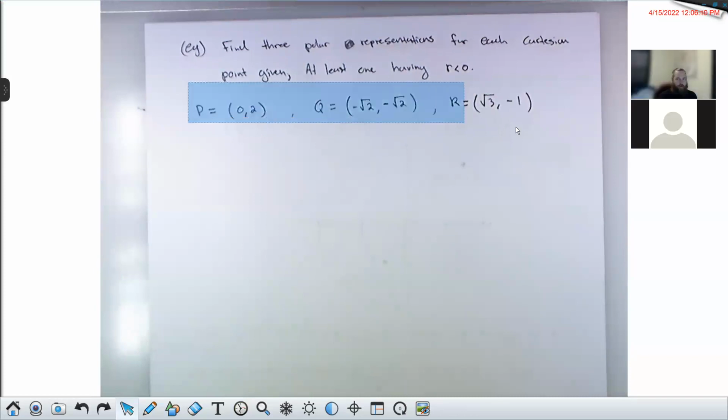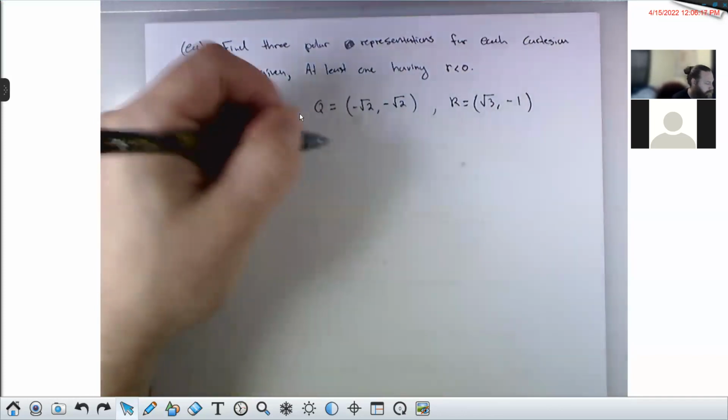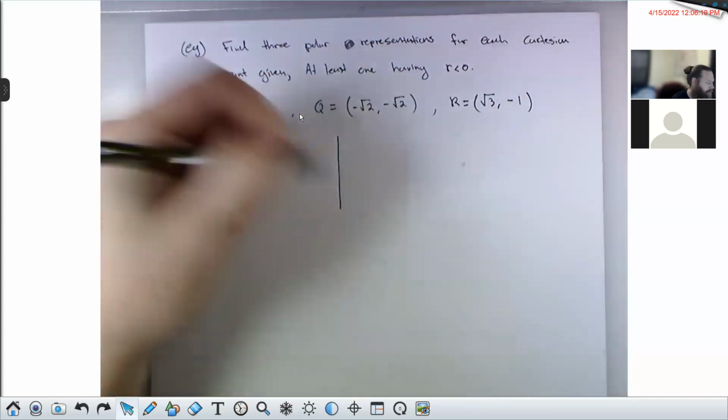It is a good idea to begin by plotting these. This will give us a general sense of what's going on, and it will also help us check and see if our answers make sense.